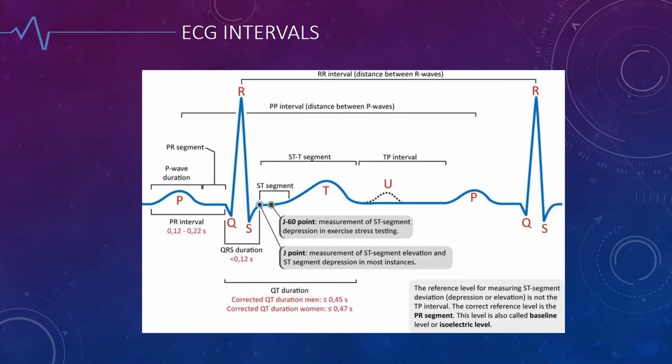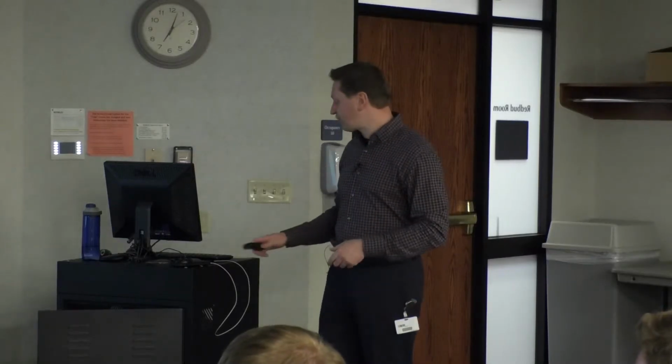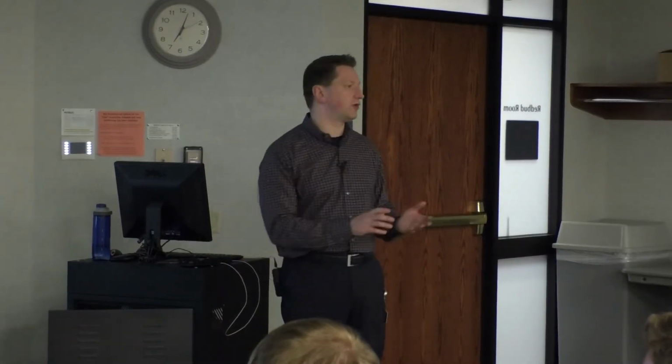Okay? The QRS duration reflects how long it takes to get all of the myocardium to fire off. All right? The sicker you are and the more damage you have to your wiring, the wider that will be. Okay? Now, by the same token, if you have severe electrolyte abnormalities, the same thing will occur. Okay? It'll be slow conduction.